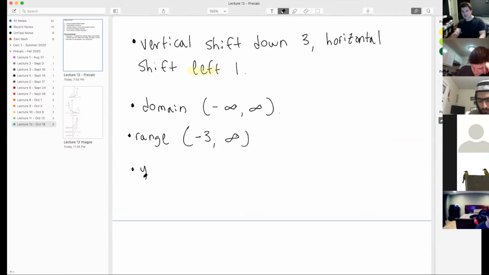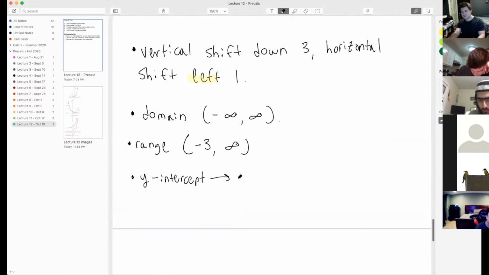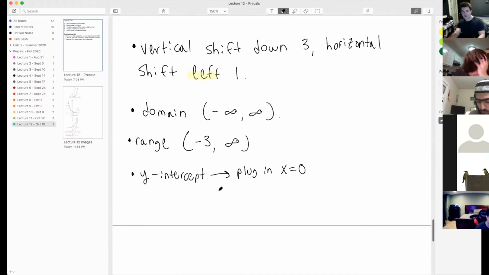Okay, and y-intercept. To find a y-intercept, you just need to plug in x equals 0. So let's do that. I get y is equal to 2 to the 0 plus 1 minus 3, plugging in x equals 0.